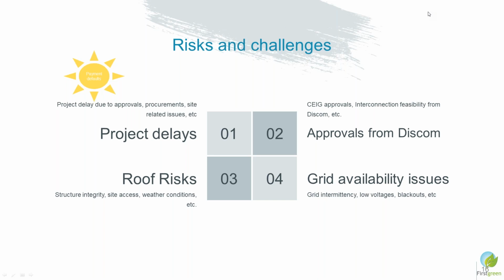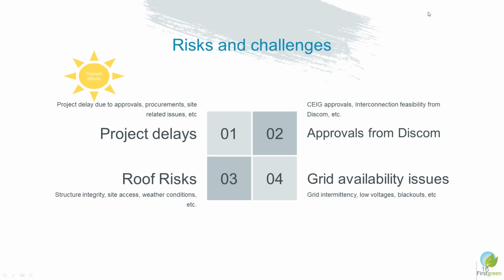At times, projects also face delays. Delays can be on account of approvals, of course. At the same time, delays can be because of payment-related issues. These days, solar projects are facing delays due to COVID-19 as well. So delays can be of any type, and we should be prepared to take up those risks and challenges, and appropriately those risks should be addressed and mitigated.